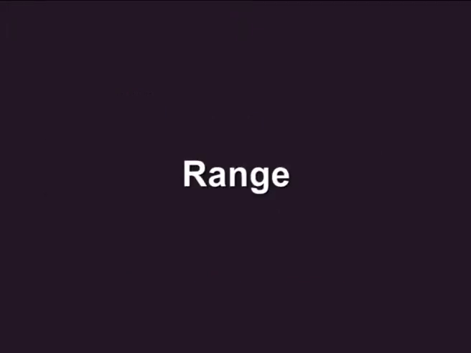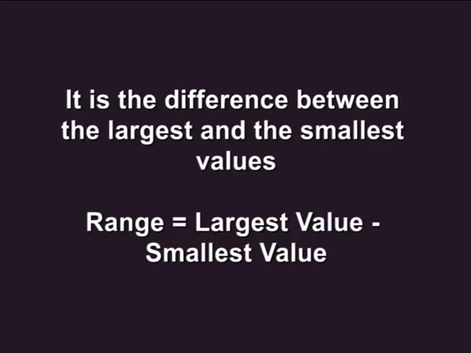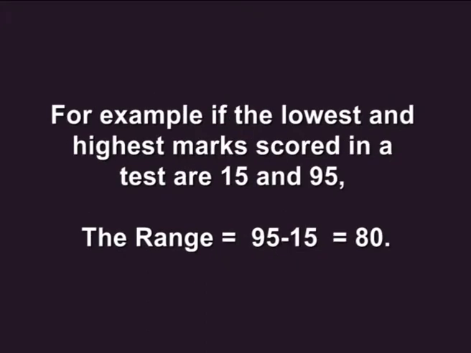Let's start with range. Range is the simplest measure of dispersion. It is the difference between the largest and the smallest value. Range is equal to largest value minus smallest value of the data. For example, if the lowest and highest marks scored in a test are 15 and 95 respectively, the range would be 95 minus 15, that is 80.